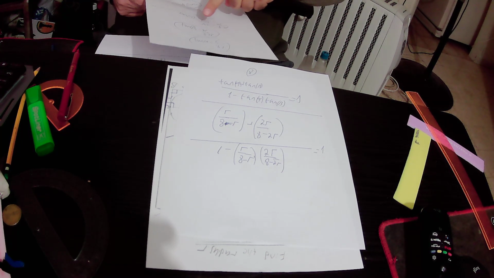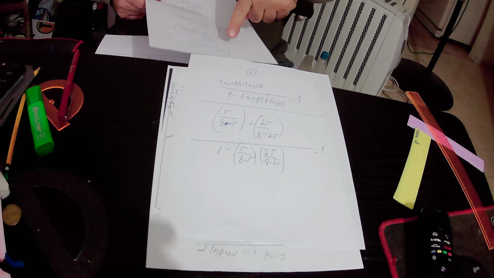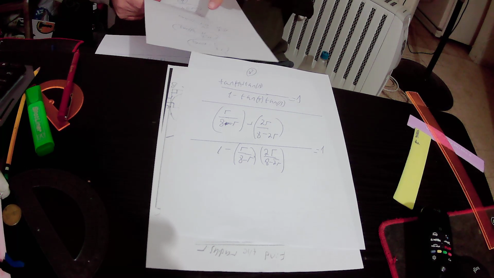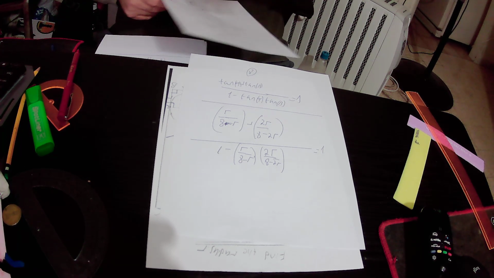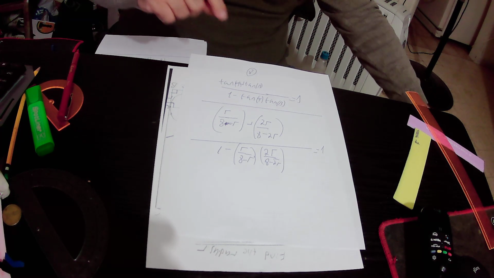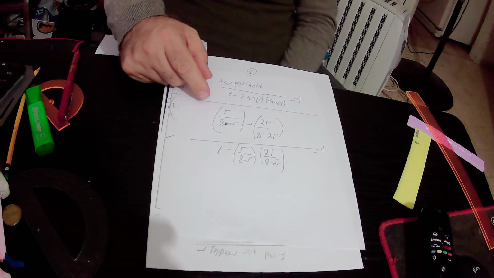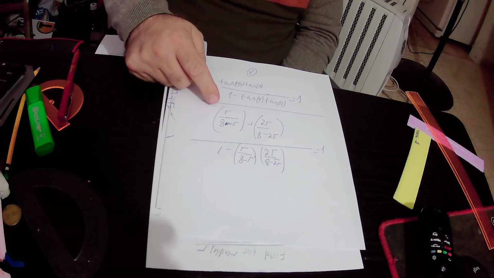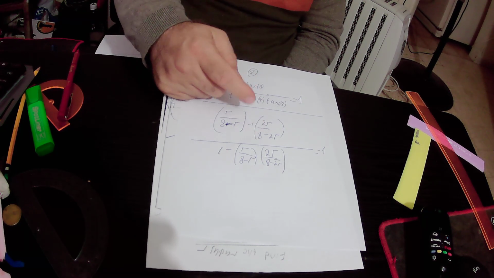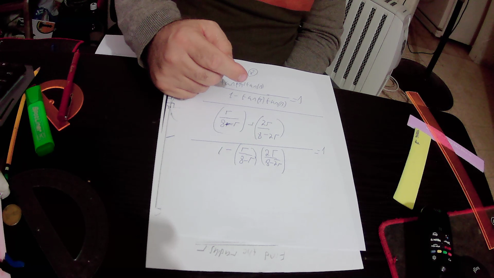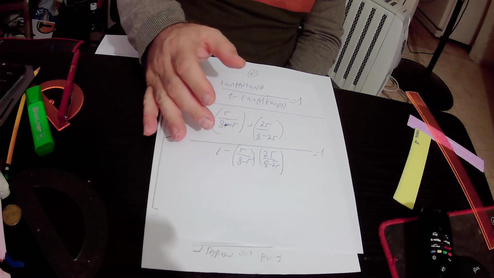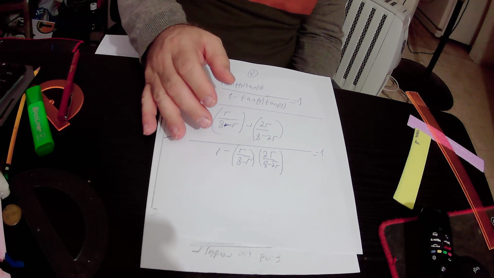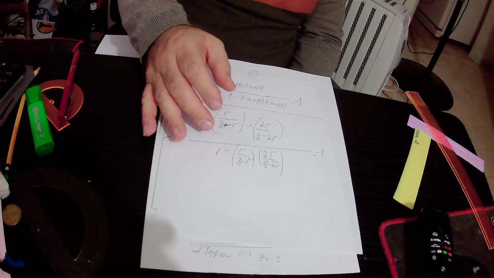Instead of tangent alpha, we write R over 8 minus R, and instead of tangent beta, we substitute 2R over 8 minus 2R. So we did this here. We actually solve this simple equation because it is one equation with one variable, that is R, and this is very simple to solve.